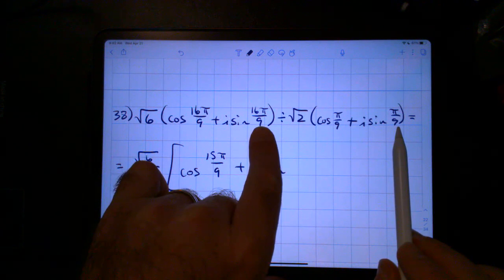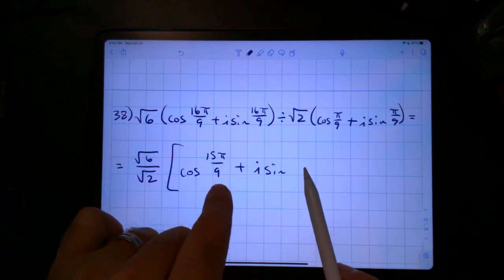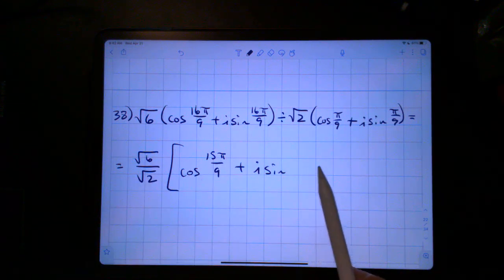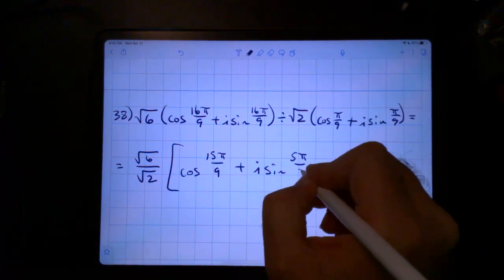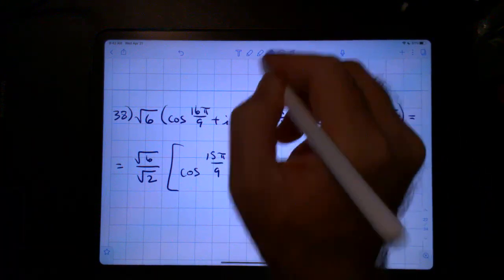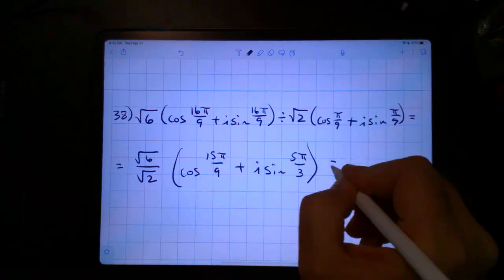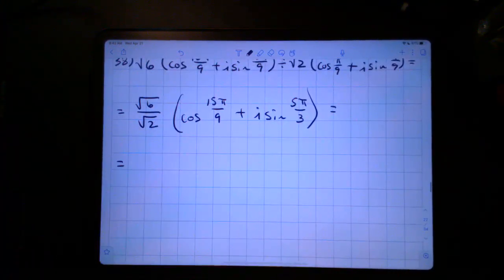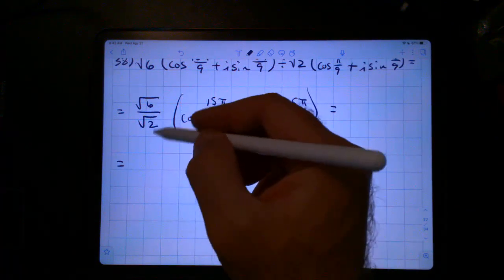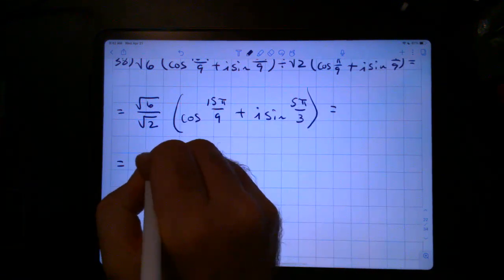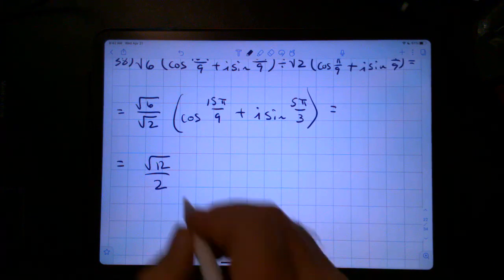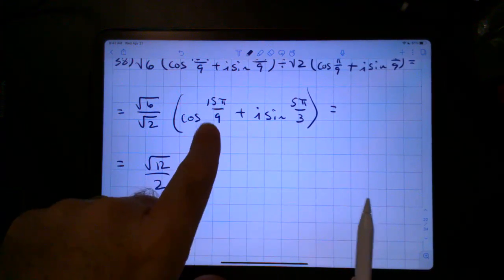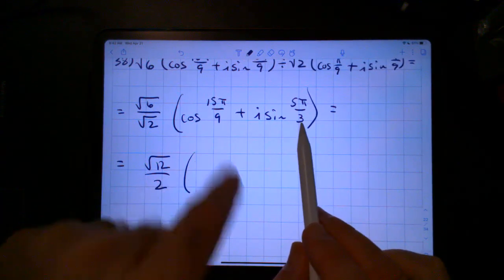And so 16 minus 1 is 15 pi over 9. 15 pi over 9 can be simplified to 5 pi over 3. If I rationalize the denominator, this fraction simplifies to 5 pi over 3.